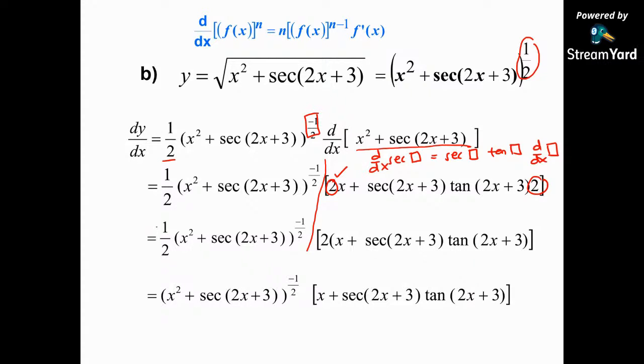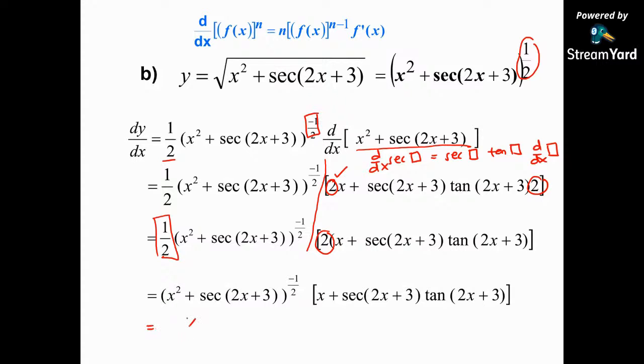And then we actually have a half over here, and then we have a 2 behind here, so we can actually simplify them. So half times 2, that is actually equal to 1. So we are going to get x squared plus sec 2x plus 3 to the power of negative half times x plus sec 2x plus 3 tan 2x plus 3.